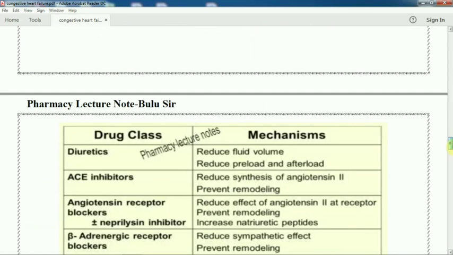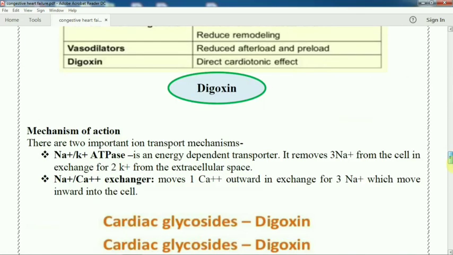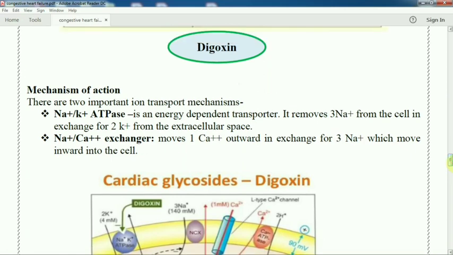So what is the main mechanism? Digoxin causes accumulation of sodium. So how does digoxin work?